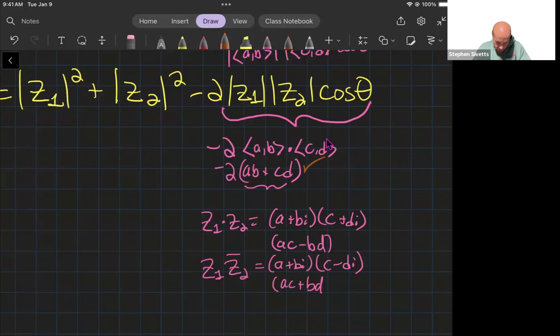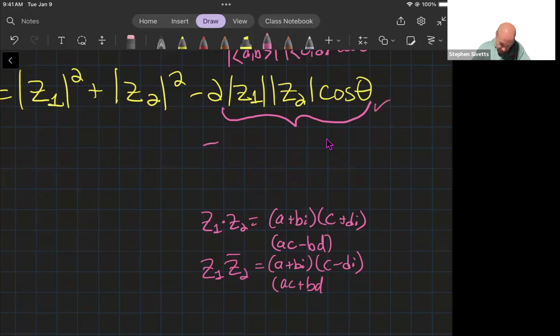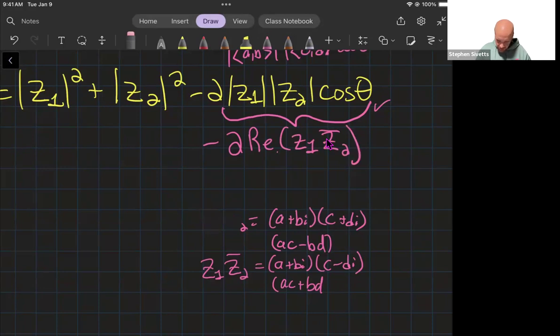So therefore, another way to write out this quantity is just saying minus 2 times the real part of Z1 times Z2 conjugate.